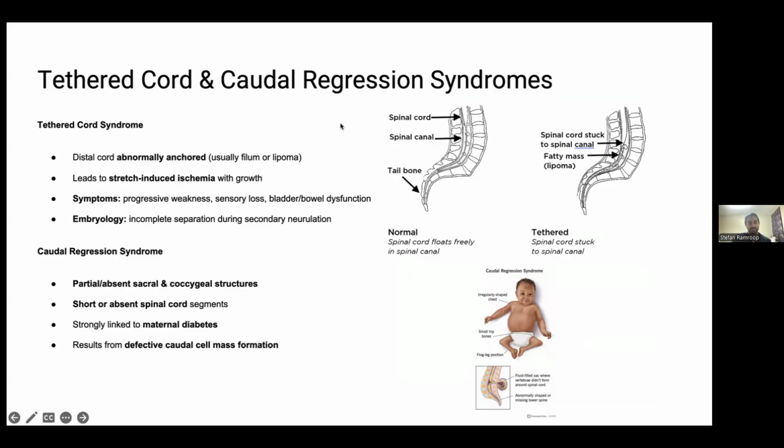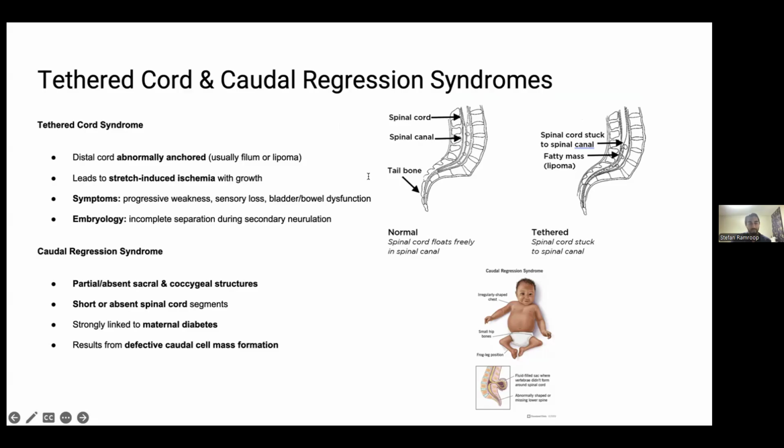As the child grows, the vertebral column elongates, but the cord cannot ascend normally, and that's going to lead to stretching, which can lead to stretch-induced ischemia. Clinically, that will progress as neurological decline that develops over time with progressive lower limb weakness, gait changes, sensory loss, and bladder or bowel dysfunction. Surgical untethering releases the cord and halts further deterioration.